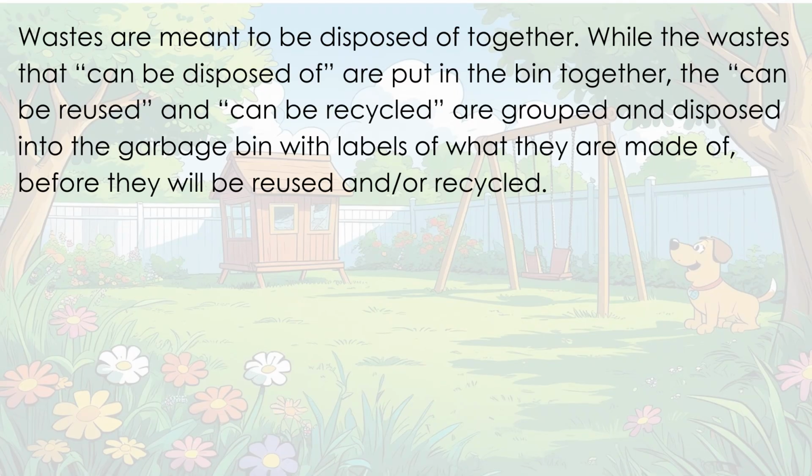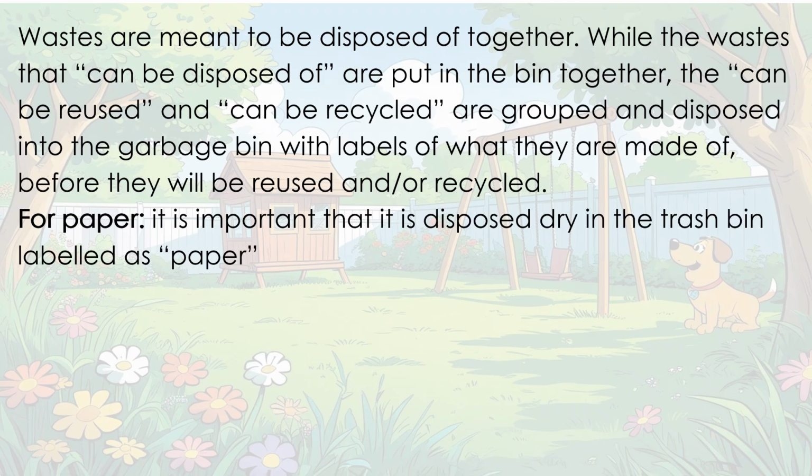Waste that cannot be reused or recycled is disposed of together in the bin, while the waste that can be reused and recycled is grouped and disposed of into garbage bins with labels of what they are made of before they will be reused and recycled.